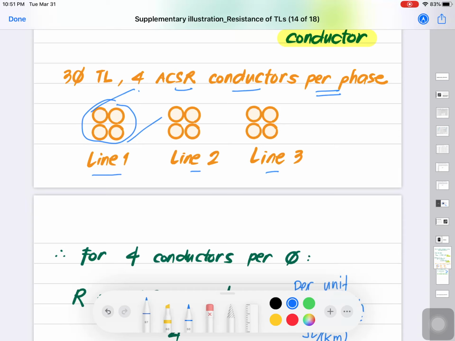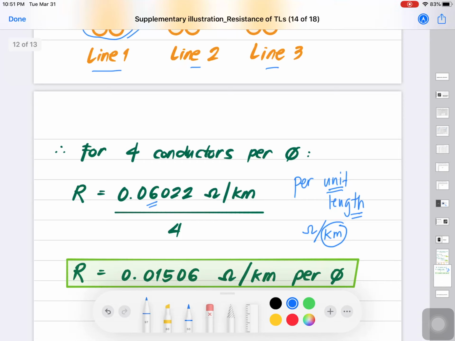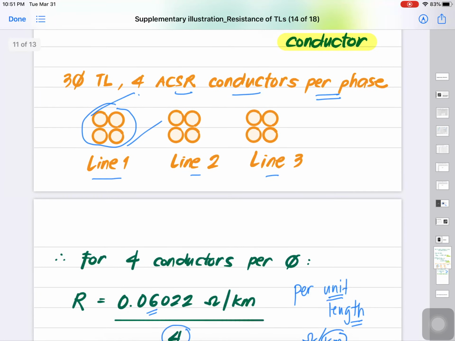Okay? Kasi remember, yung resistance kasi ay per conductor. Okay? So, meaning itong 0.06022 ohm per kilometer is as if it's the whole bundle. That's the resistance. However, we have 4 conductors in that single phase, in that phase 1 or line 1. Right? So, we have to divide it by 4. Okay? So, if for example, in the 3-phase line, there is only 1 ACSR conductor per phase, alright?